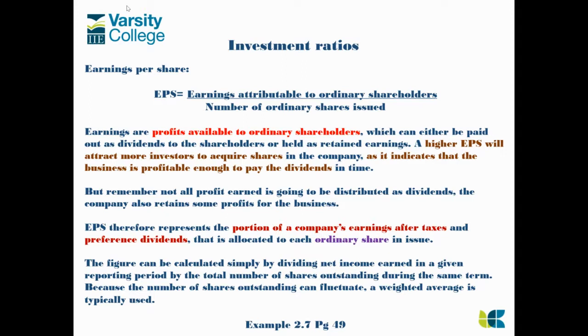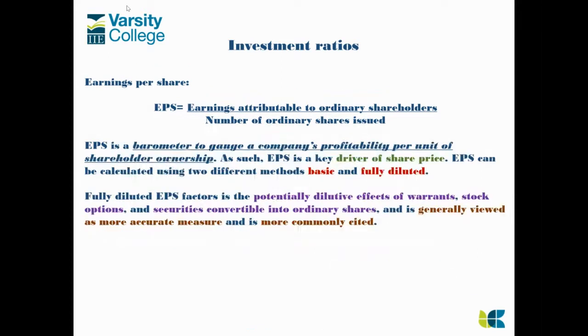So we can make 100,000 in profit, but we will say we're only going to give 30,000 to our shareholders. That 30,000 is what's going to count, not 100,000. And then we say how many ordinary shareholders do we have? And then you can calculate your earnings per share.